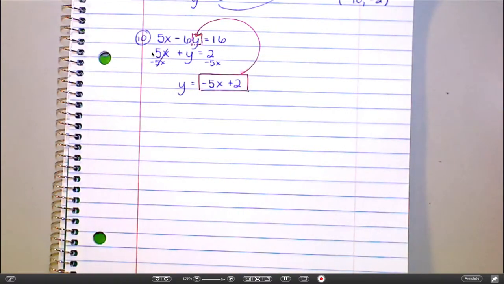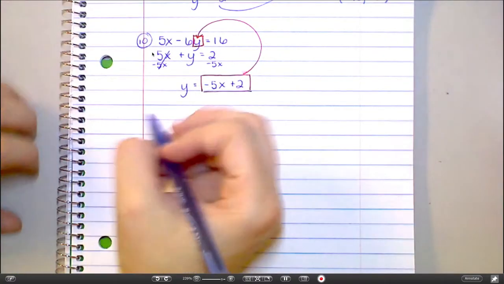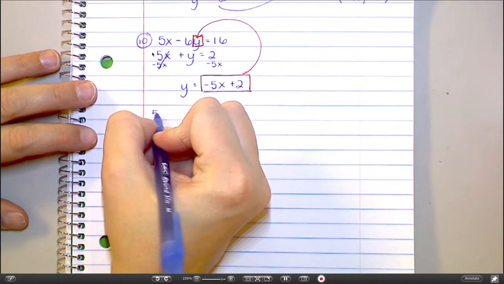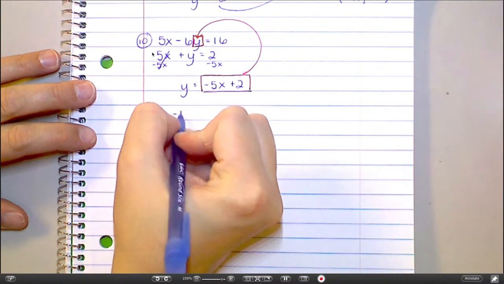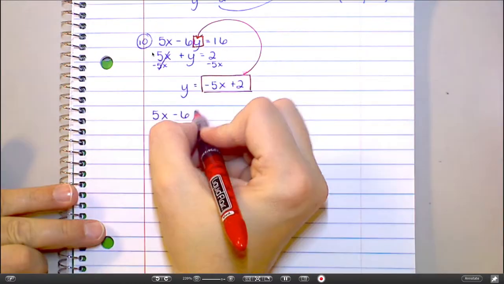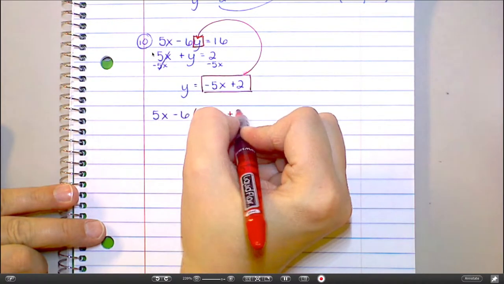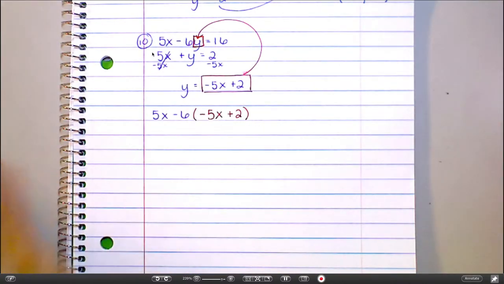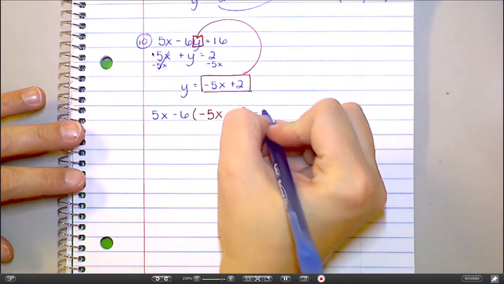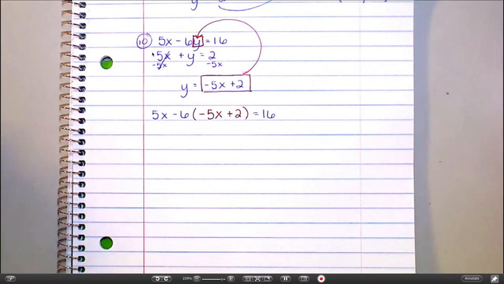So I'm plugging it in right there. So now that top equation is going to say 5x minus 6, and then parentheses, negative 5x plus 2 equals 16. Any questions on how I did that?